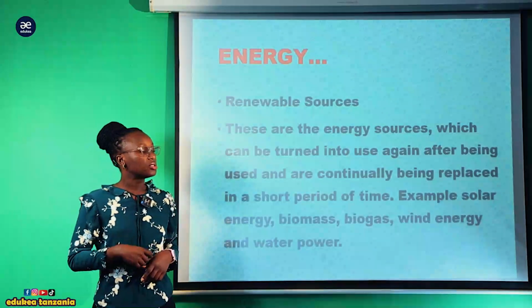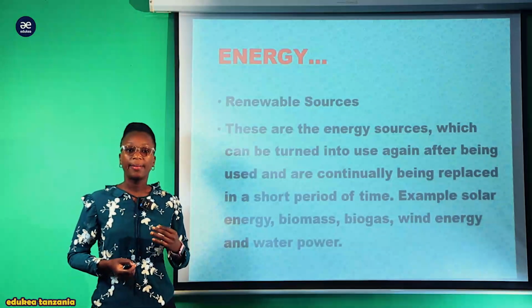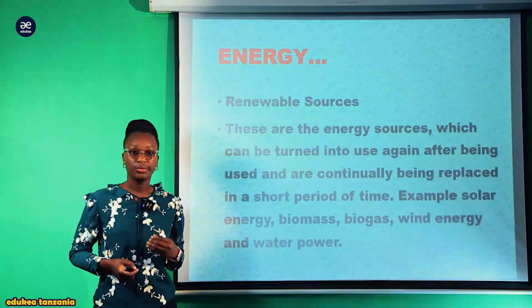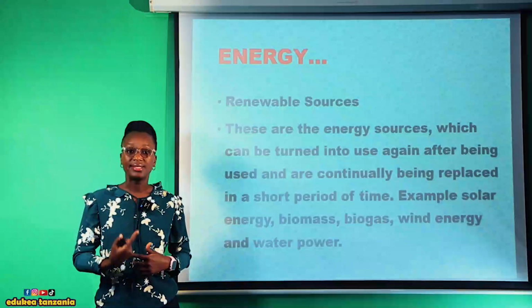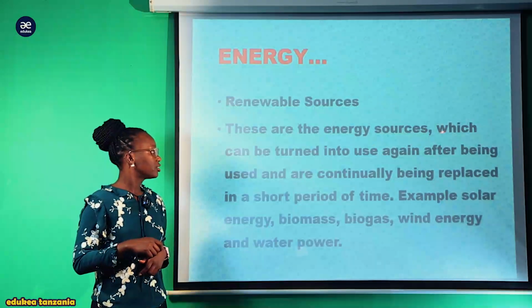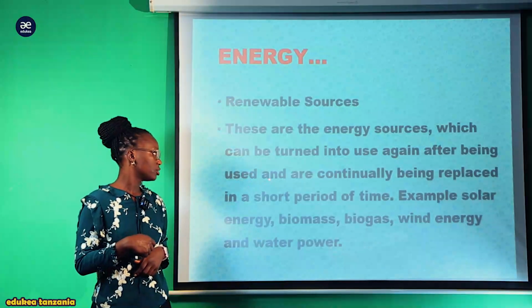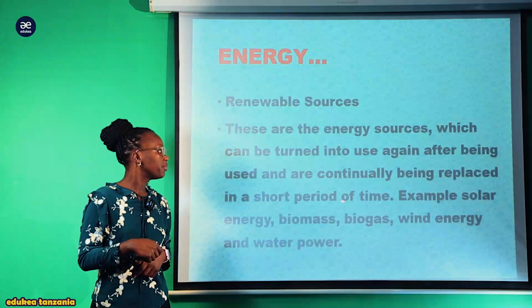And when we talk about renewable sources now, hii hapa ina maana this sources of energy can be renewed. Unaitumia then unaireplace, unaitumia tena na tena. So these are the energy sources which can be turned into use again after being used and are continuously being replaced in a short period of time.